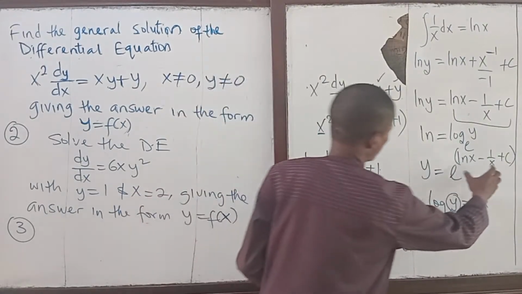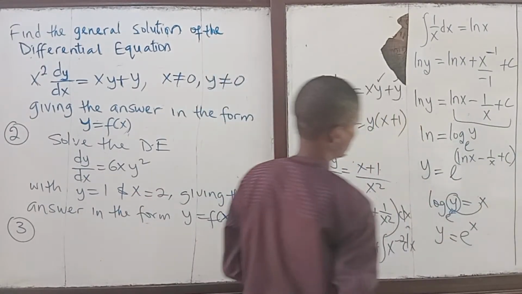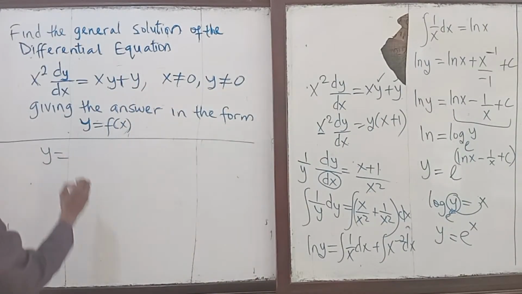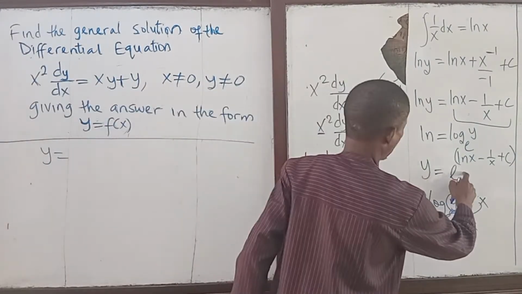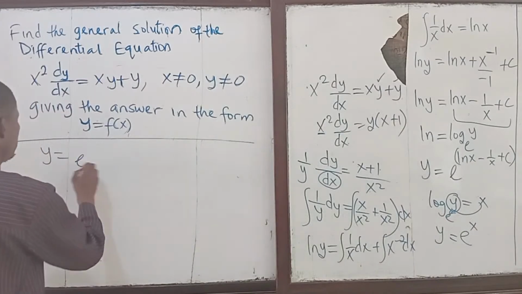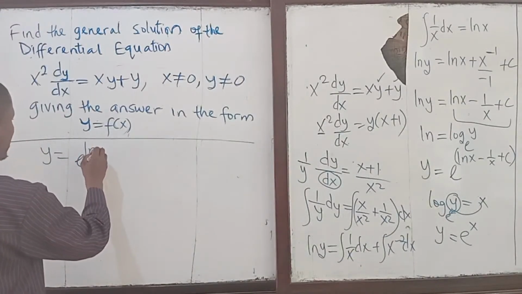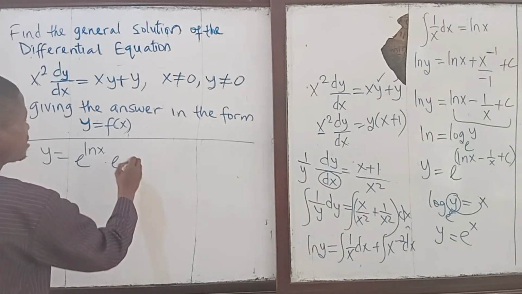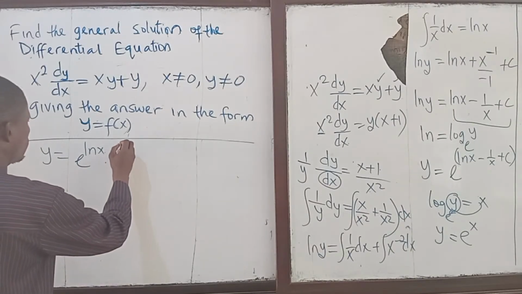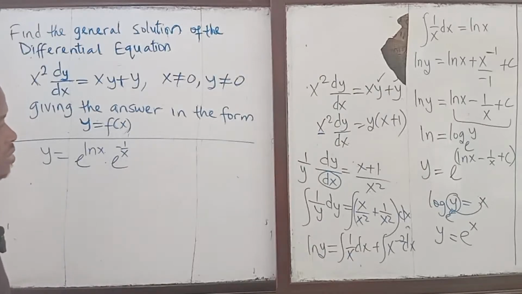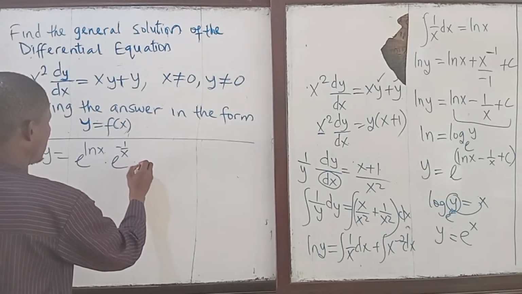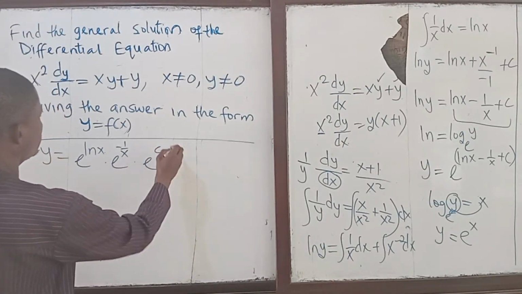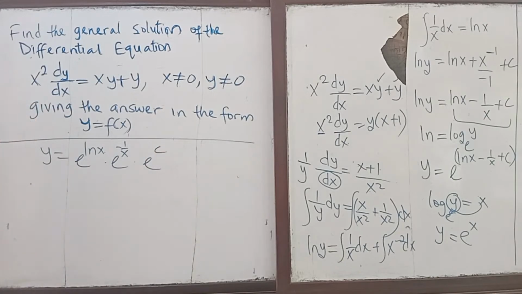You just need to begin to do the work in these places. This one implies e to the power natural logarithm of x, times e to the power minus 1 over x, and then times e to the power c. So that's what we have.